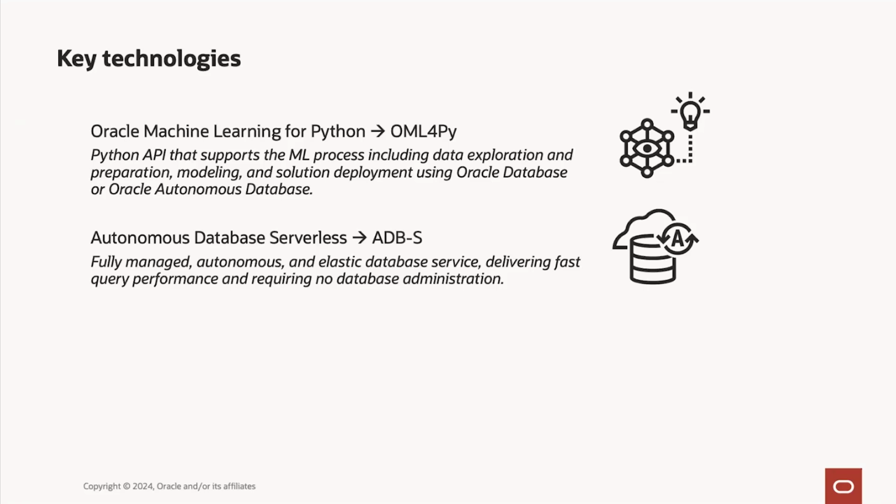So again, fully managed, fully automatically secured and patched and everything else. And so that's the context for today: Oracle Machine Learning, OML4Py on ADBS. So hopefully those terms will now have some familiarity.